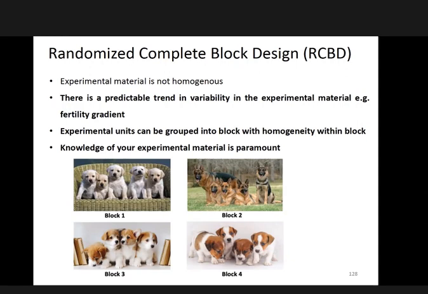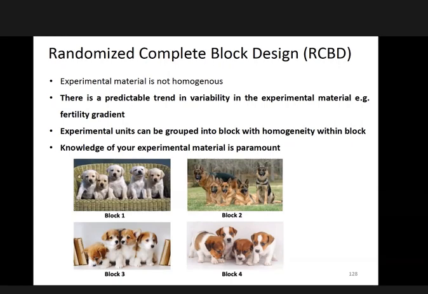So the best thing to do in this case would be to group your experimental units. This one works on the assumption that you know your experimental material quite well.